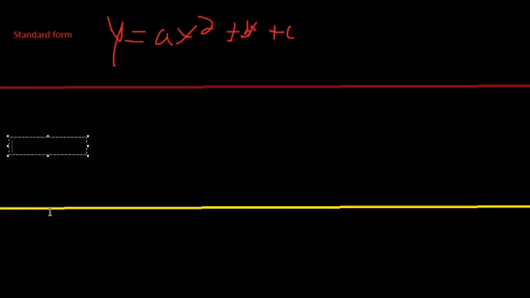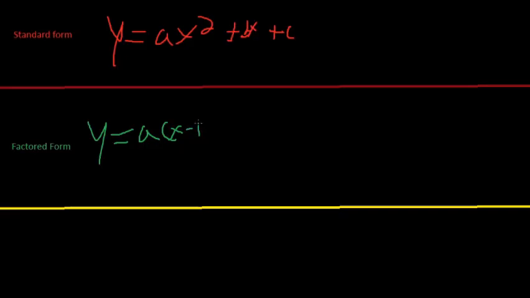The next one is factored form. So factored form is key when it comes to solving. I'll explain that in a minute. Factored form is y equals a times x minus p times x minus q.